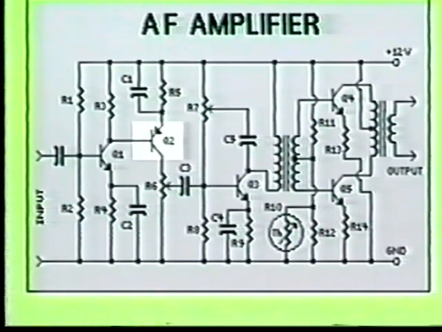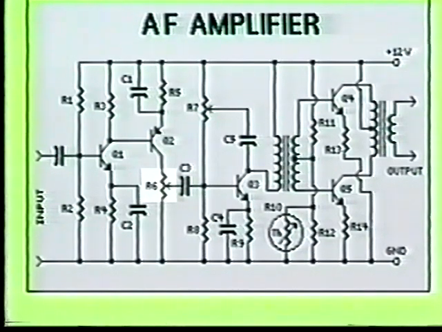Remember, Q2 is a PNP transistor. The forward bias condition on Q2 will cause the collector current of Q2 to increase. The increased current flow through Q2 causes the current through resistor R6 also to increase. As the current through R6 increases, so will the voltage drop being developed across it.